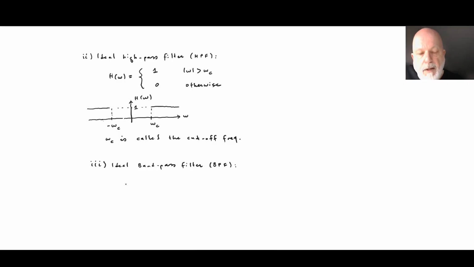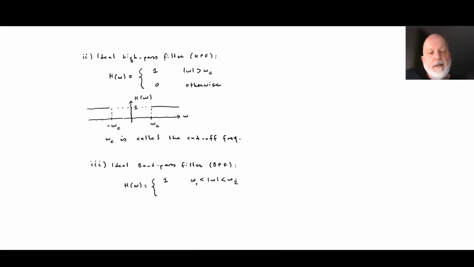So we can define H of omega in this case as follows. H of omega is equal to 1 when magnitude omega, that means absolute value of omega, is between omega 1 and omega 2.